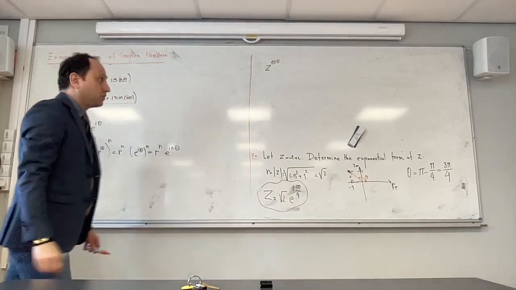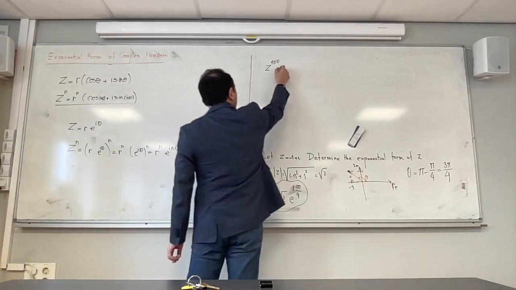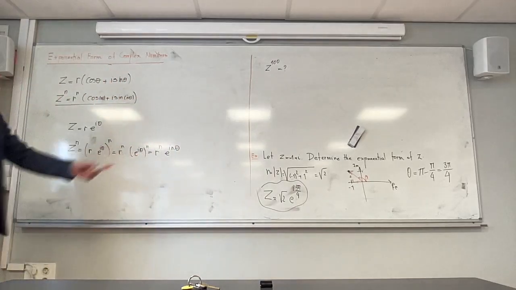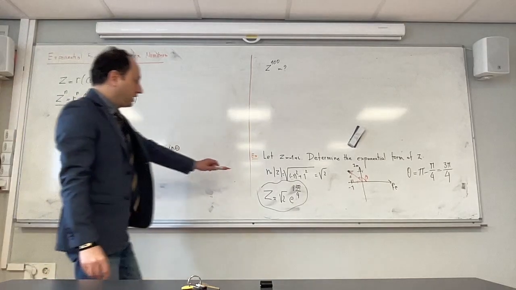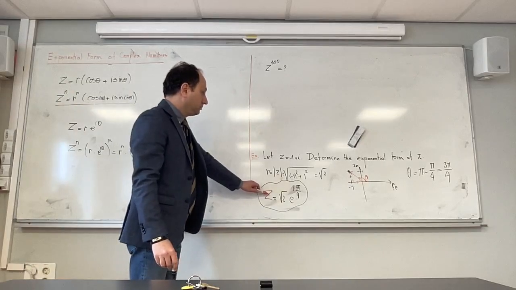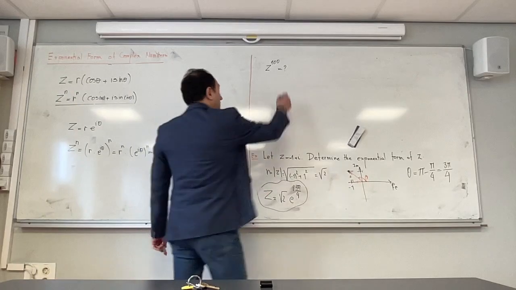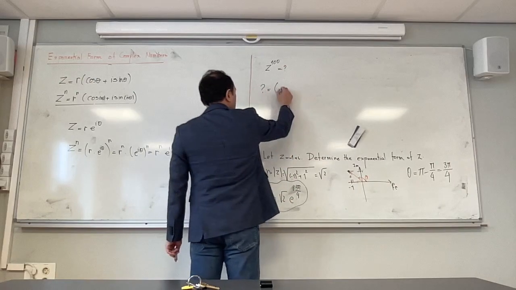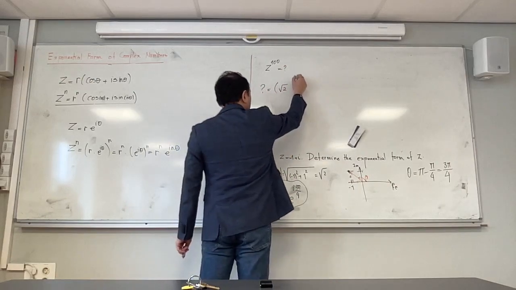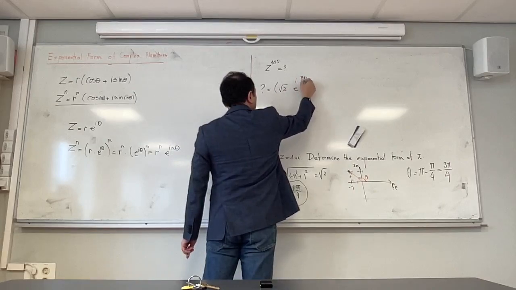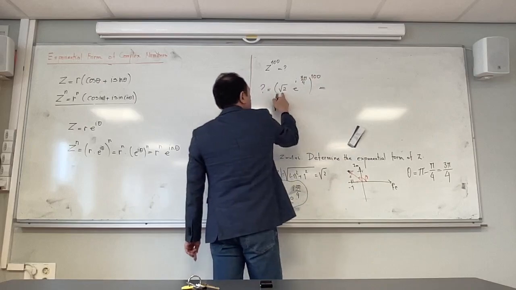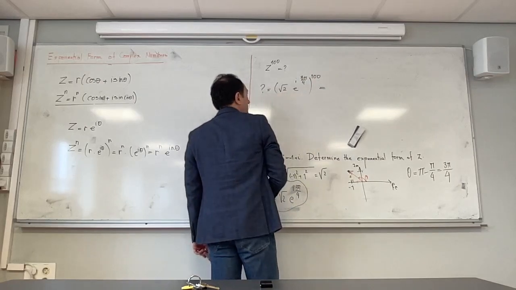Of course, you could do it using the polar form, but it is more natural to do it with the exponential form. So you calculate the exponential form, and then you put it here. So the question mark becomes the exponential form, this number, e to the power of i 3 pi over 4, and then I raise it to power 100. So you know that this number to power 100, what's the answer?